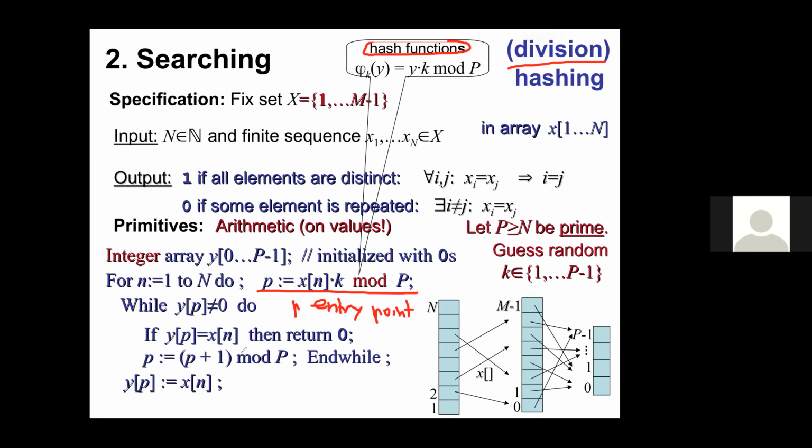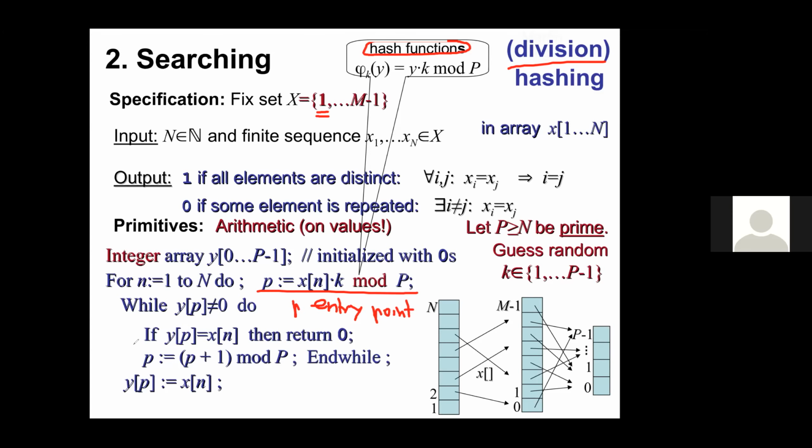So you cannot store an xn here unless yp is equal to 0. We said 0 is kind of the default value for an unused entry. And this is also the reason why we have excluded 0 from the values of the set. So we are not allowing some xn to be 0.